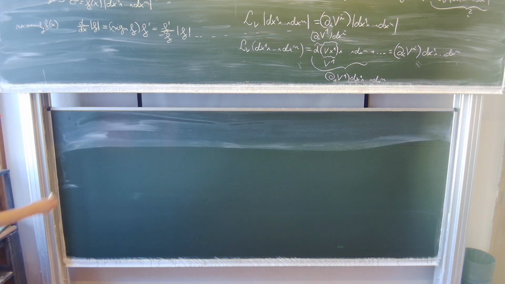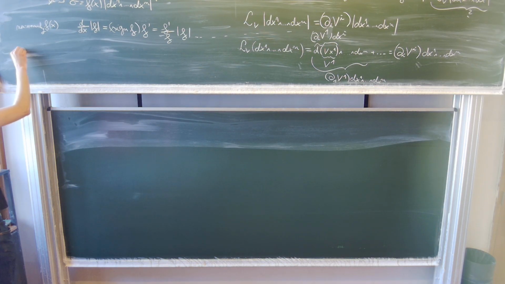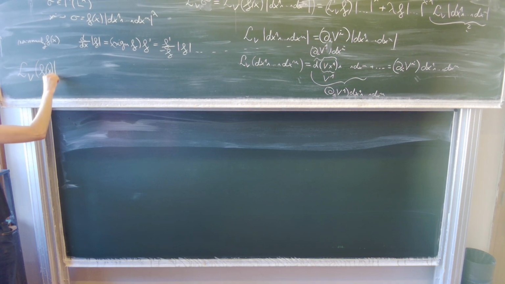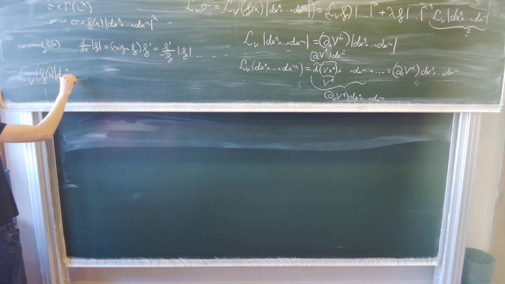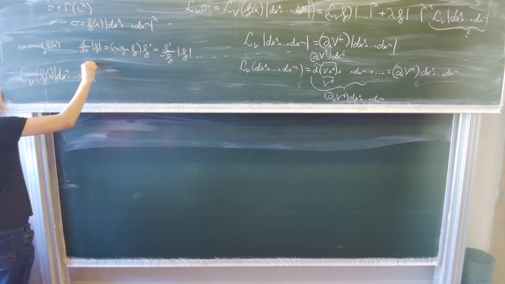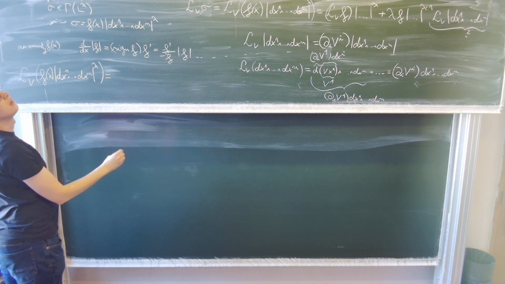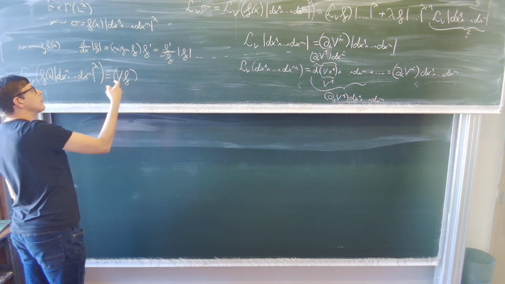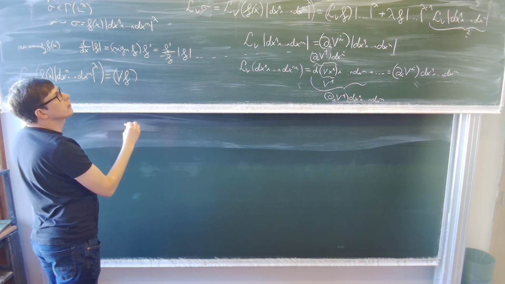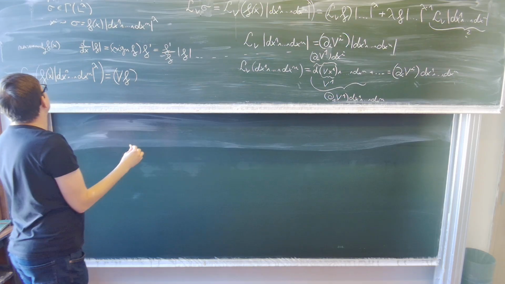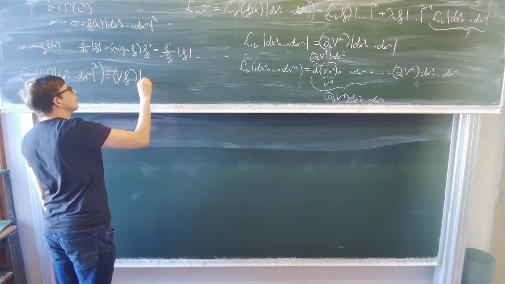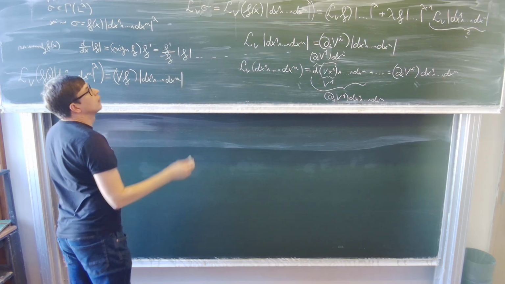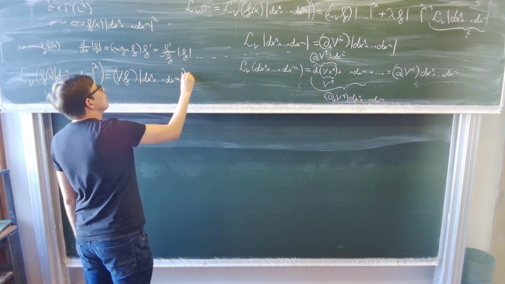So what's the formula? f of x is v on f, the derivative of function f with respect to the vector field, and that thing to the lambda.